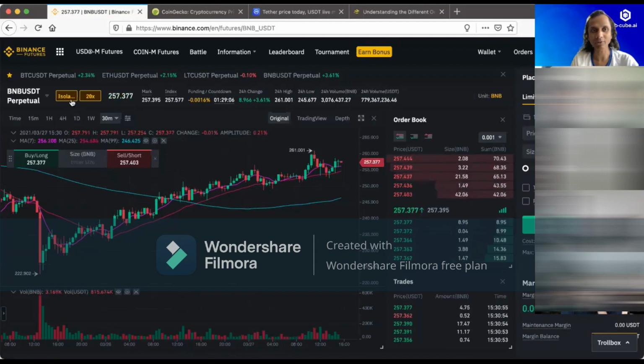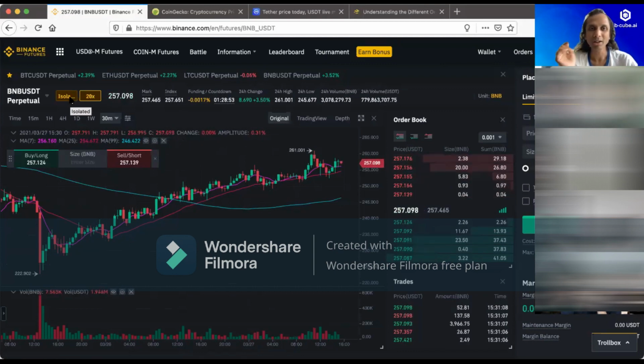So isolated leverage also has its own pros and cons. The pros are, of course, you cannot lose more than your isolated funds, which is invested in a particular contract. But very often in a very volatile market, you can lose that money pretty easily.